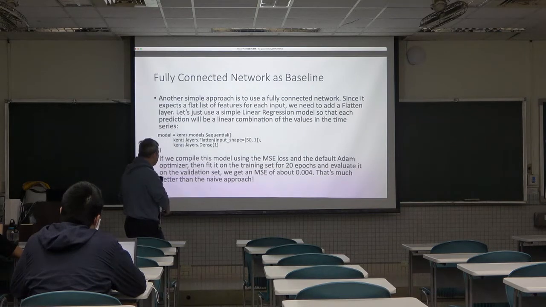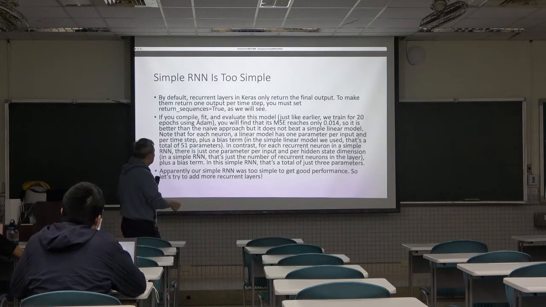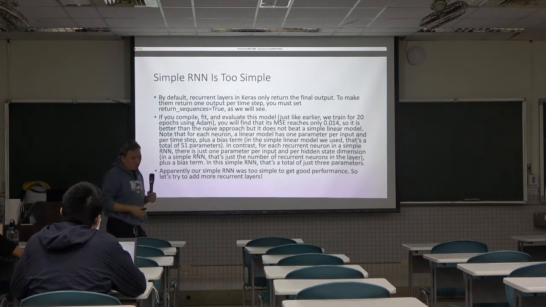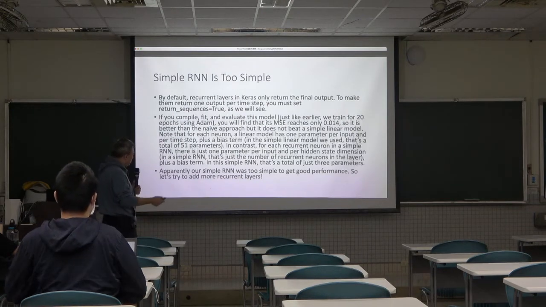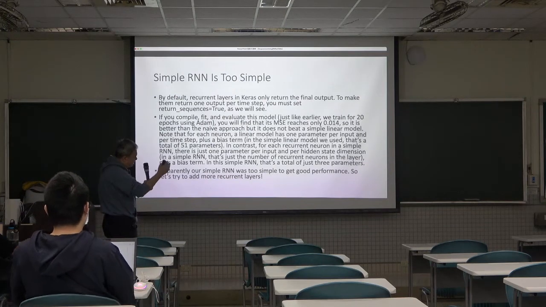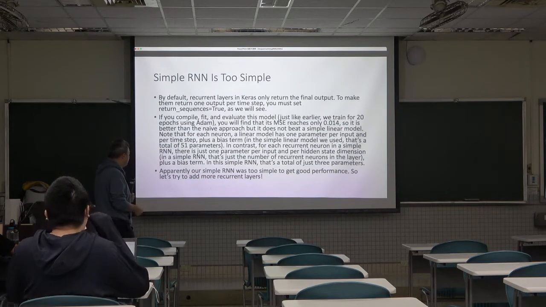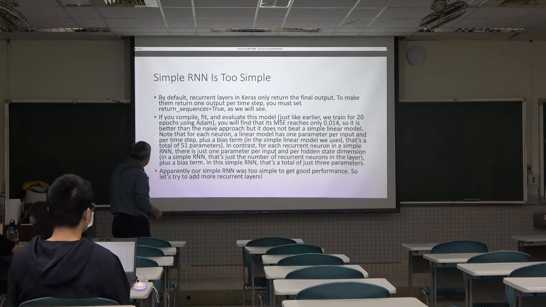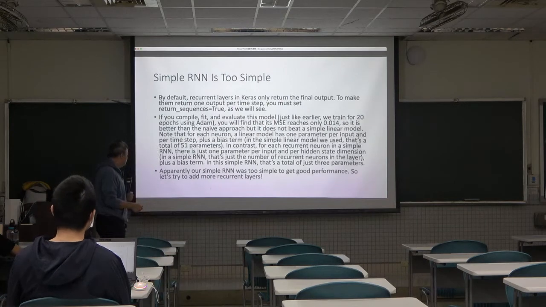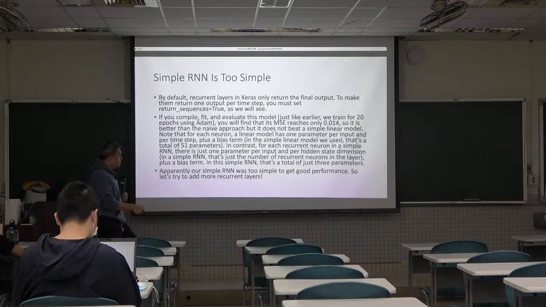Compared with the linear model, which has 51 parameters and outperformed this one, if you compare the number of parameters, it's understandable. So our simple RNN was too simple to get good performance.